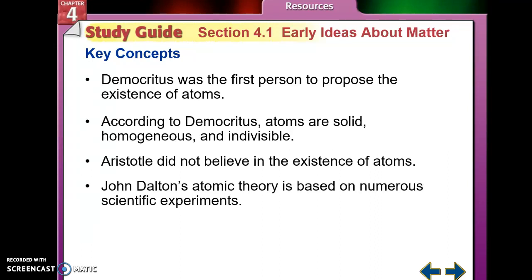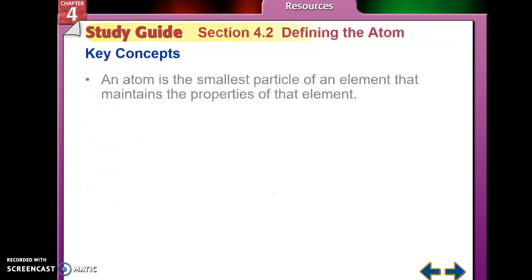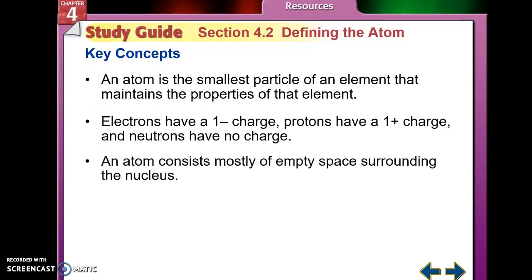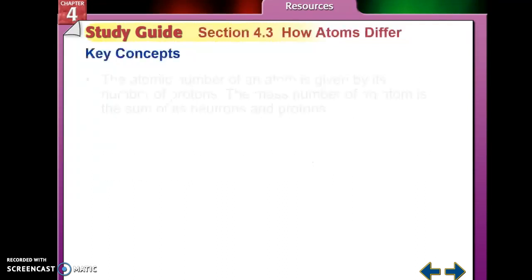Then John Dalton came along and proposed his theory based on numerous scientific experiments. The atom is the smallest particle of an element that retains the properties of that element. Electrons are -1, protons have a +1 charge, and neutrons have no charge. They are neutral. An atom is mostly empty space surrounding the nucleus.